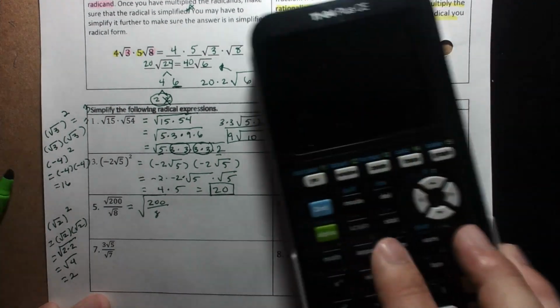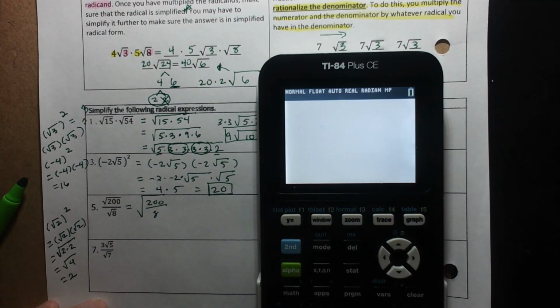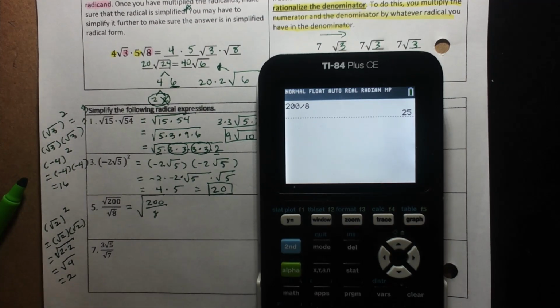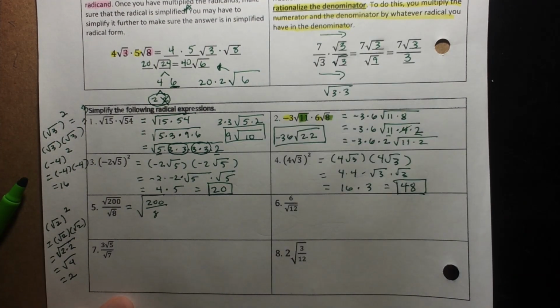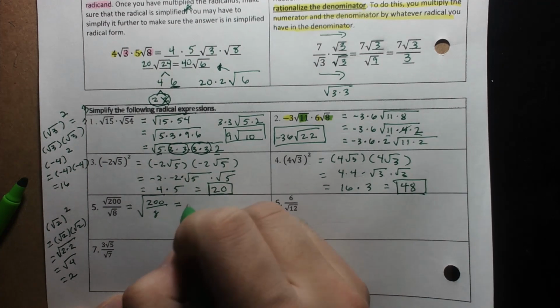And I want to look at my calculator real quick and see if anything good happens. Let's see, 200 divided by 8. Ooh, that's going to give me 25.